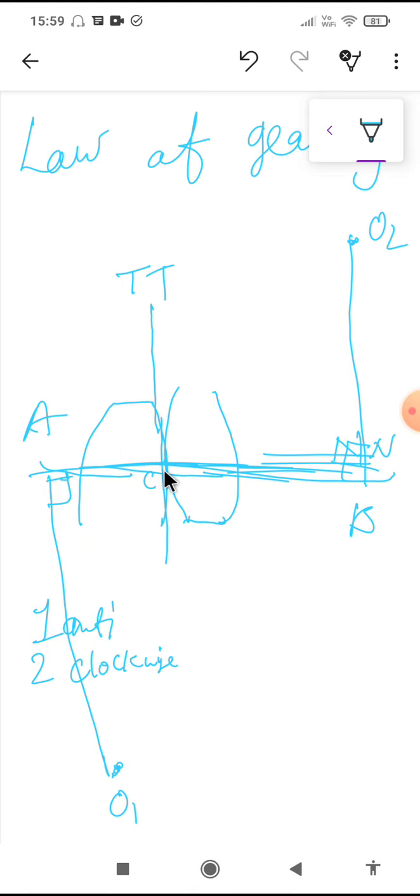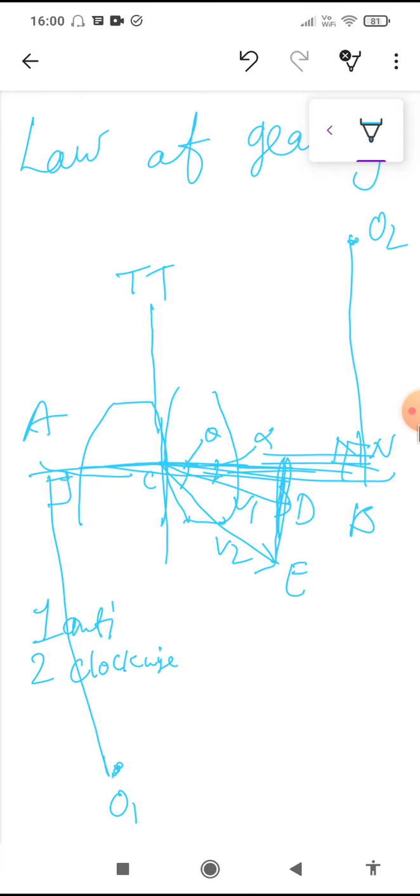The velocity vector for the first gear is v1 in this direction, and the velocity vector for the second gear is v2. If I draw a perpendicular line here, this point we will call E and this point we will call D. Now the angle subtended by velocity vector 1 we will call alpha, and for velocity vector 2 we will call theta.